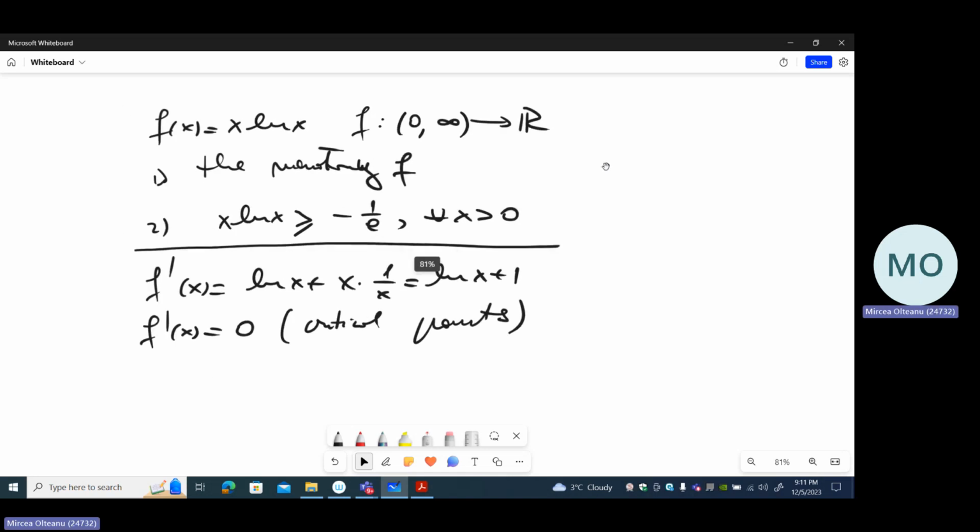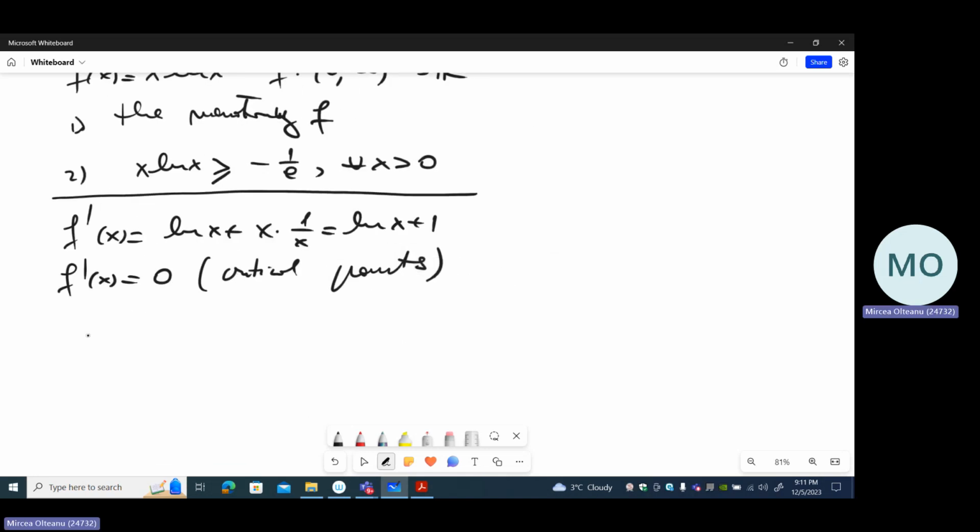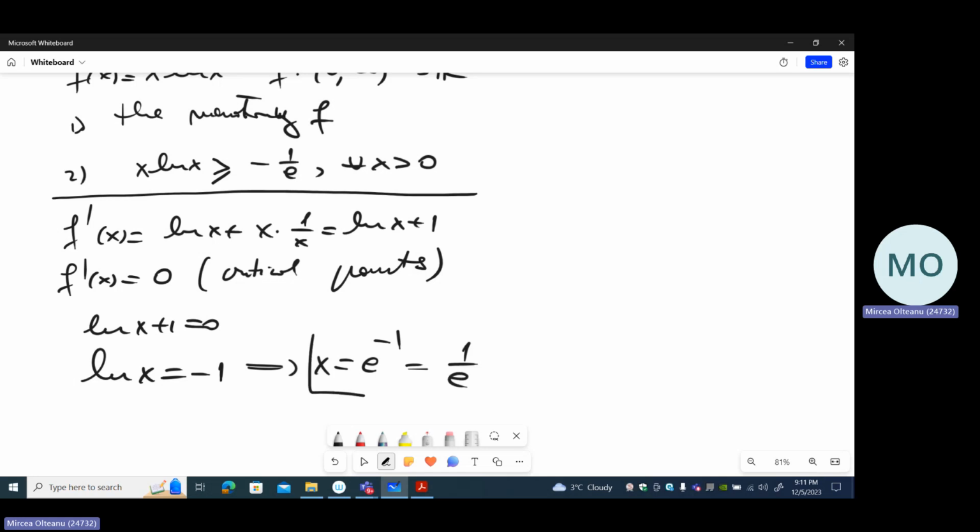In our case, that means logarithm of x plus 1 equals 0, logarithm of x equals minus 1, which means x equals e to the minus 1, or in another form, 1 over e, which is in the domain of definition, which is positive.